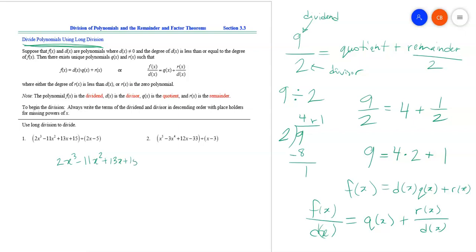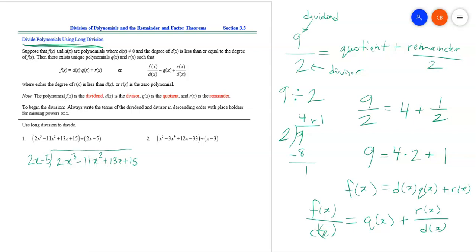We just write down what we have as the dividend, and we write down the divisor with this kind of rooftop thing. And then we're going to start assembling this quotient over here by putting how many times this divisor will go into this dividend.